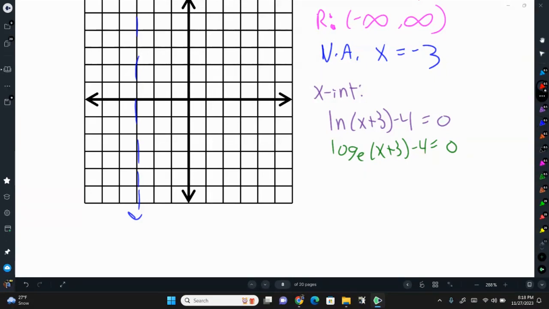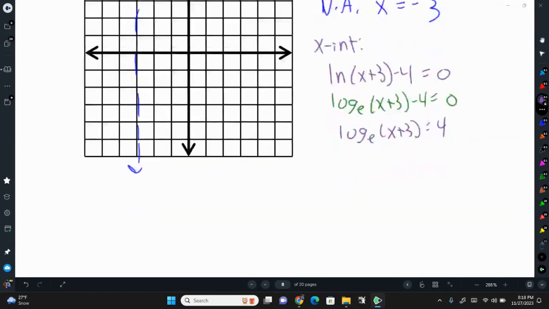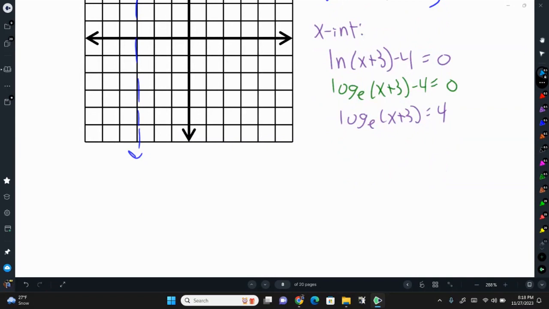So then to solve this, we have to add 4 to both sides. So then we get log base e of x plus 3 equals 4. And now we can convert this to exponent form. So we have e to the fourth equals x plus 3.